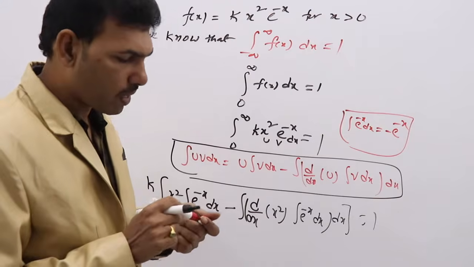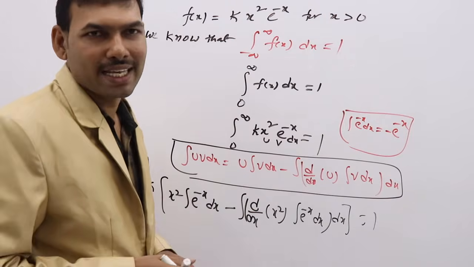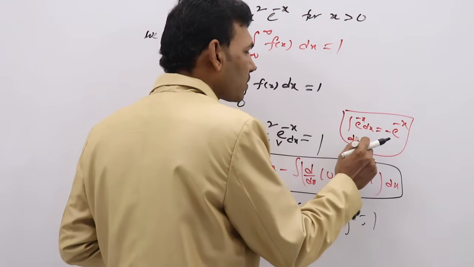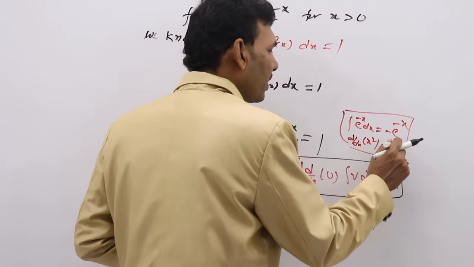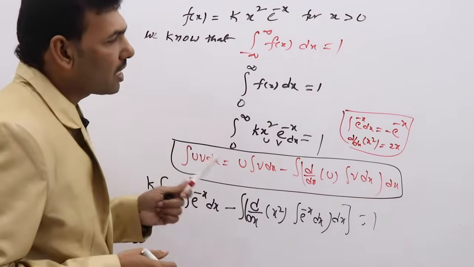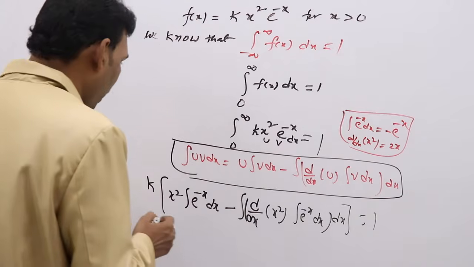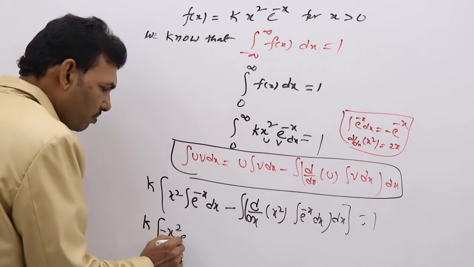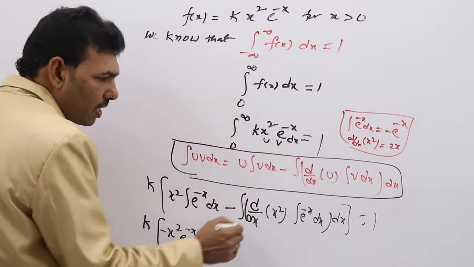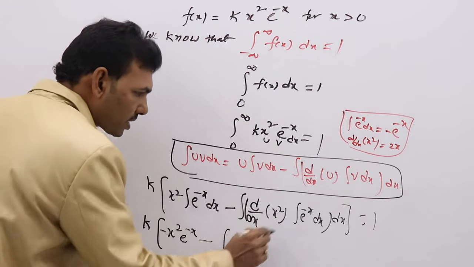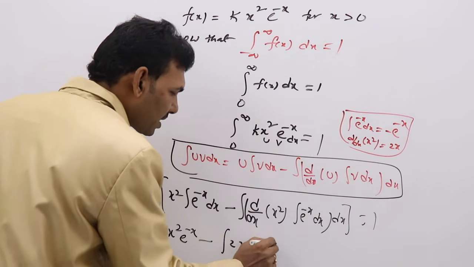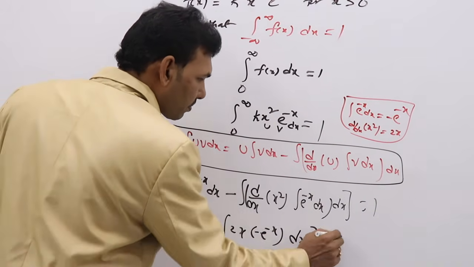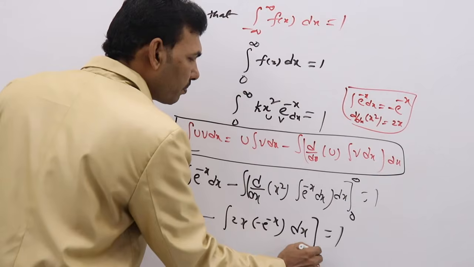Actually e power minus x by minus 1, we can take that as minus e power minus x. The differentiation of x square is 2x and the differentiation of x is 1. If you use those formulas, what you will get here? X square into minus e power minus x, minus integral of 2x into minus e power minus x dx. Limits 0 to infinity.